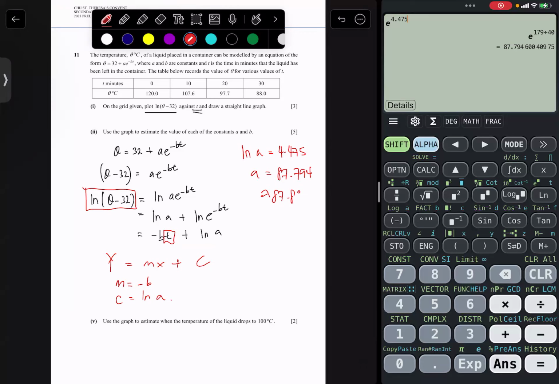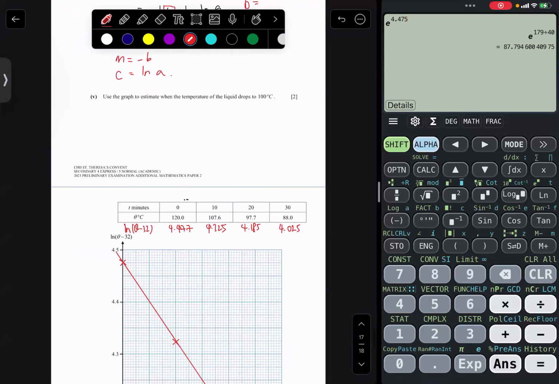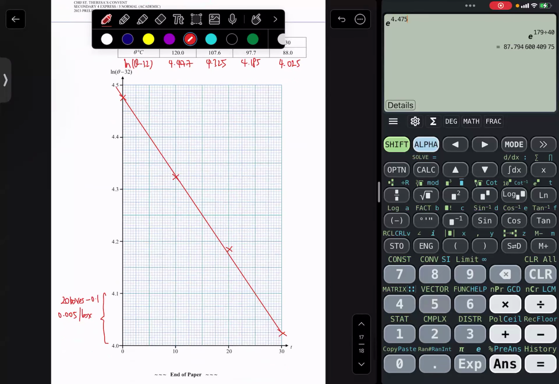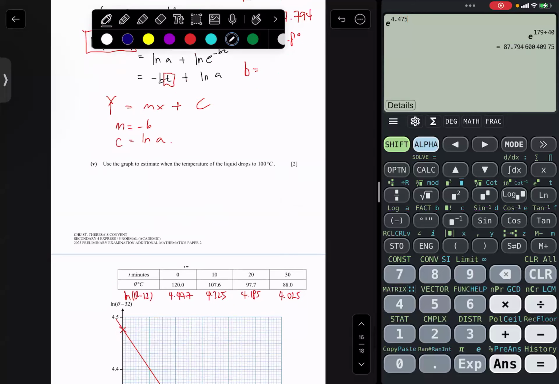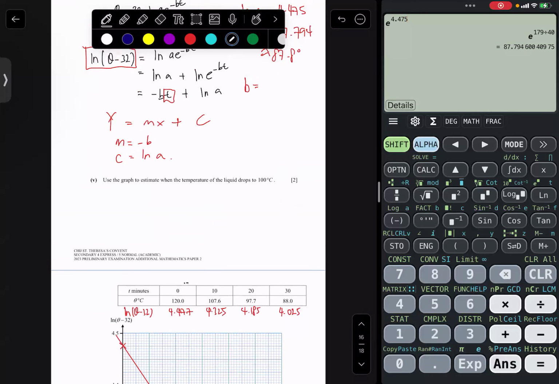B equals to the gradient. So B equals to 4.325 minus 4.185 over 10 minus 20.